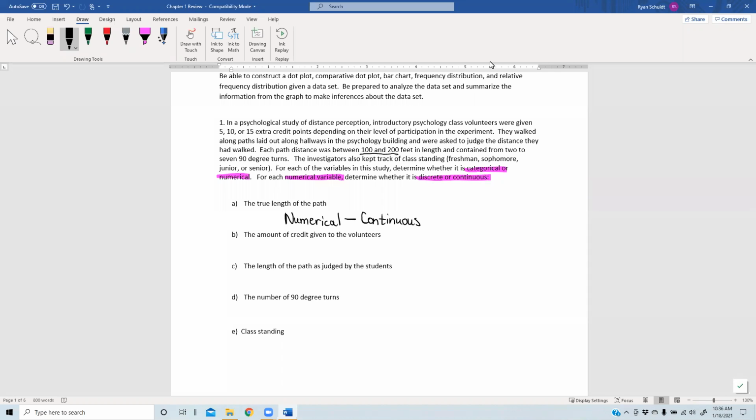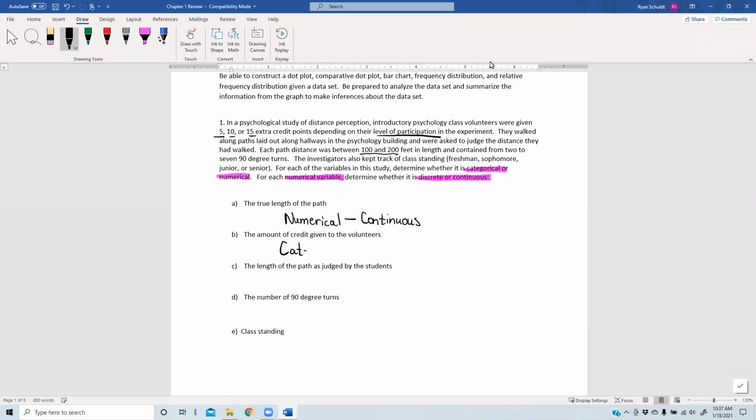Okay. B, the amount of credit given to the volunteers. Well, let's see. It says they were given 5, 10, or 15 extra credit points depending on their level of participation. That would be categorical.